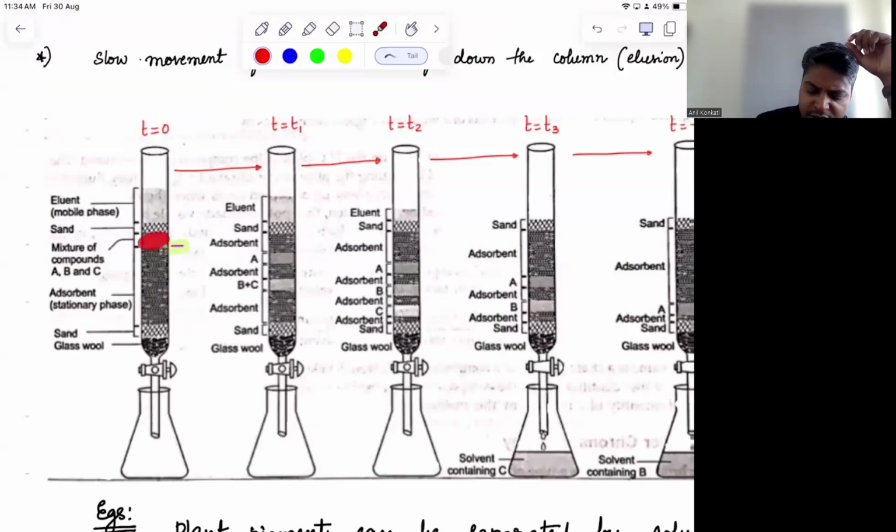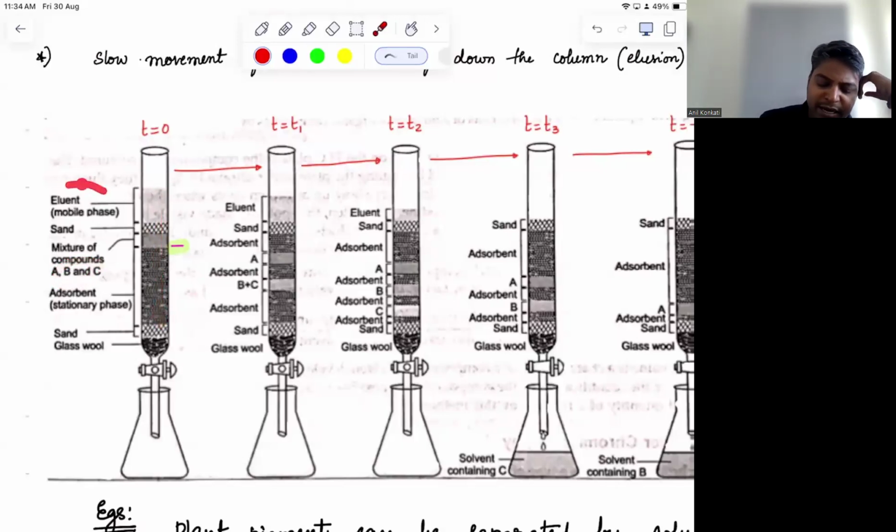Then we will add our mixture here, ABC is a mixture added. Then we added some sand. On top of that, we are adding a mobile phase. Mobile phase is the one which will take this ABC and start moving down the column.